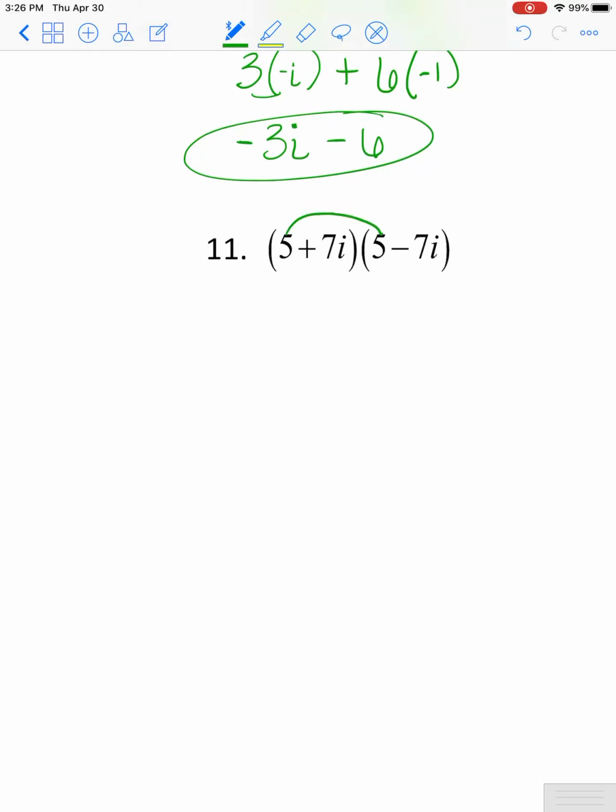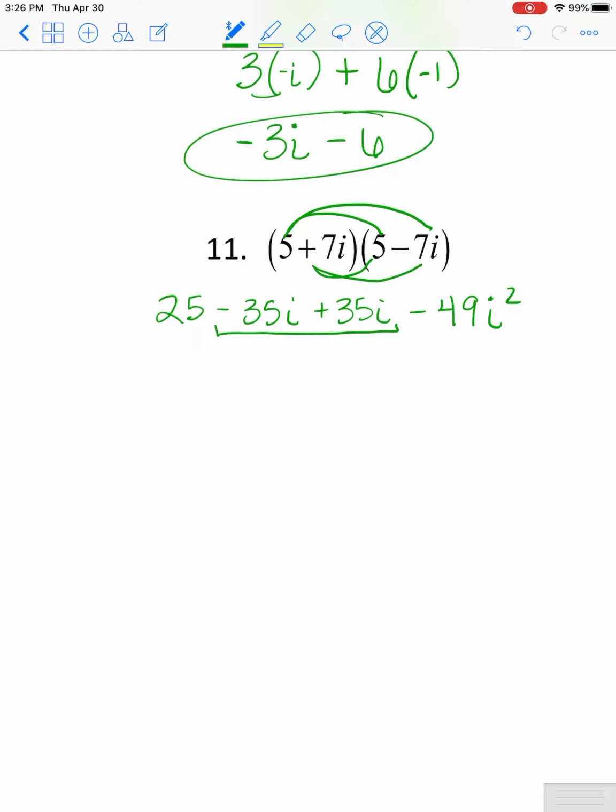All right, guys, 2 more. We can do it. So these ones I can go right ahead and multiply. That gets me 25 minus 35i plus 35i minus 49i squared. Now if I combine my like terms, I'm left with that 25 in the front.